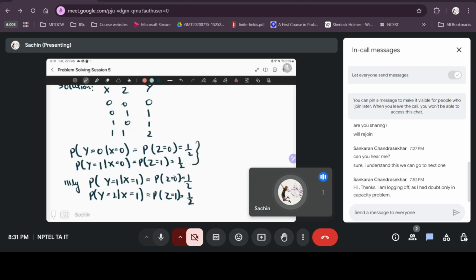Of course, these hold only because x and z are independent. In actuality, this should have been p of y equals 0 given x equals 0 is p of z equals 0 given x equals 0. But since z and x are independent, this turns out to be p of z equals 0.